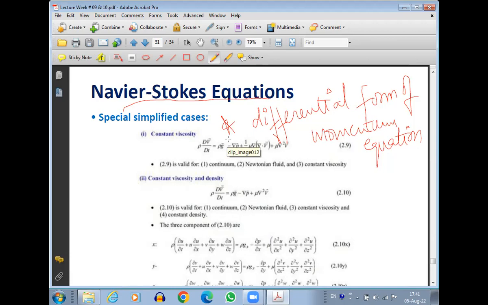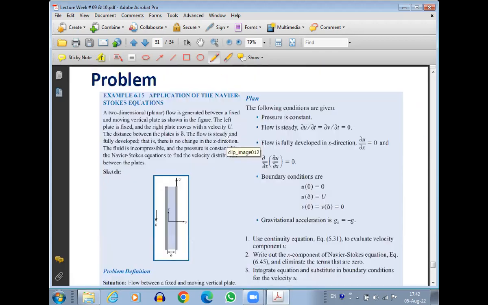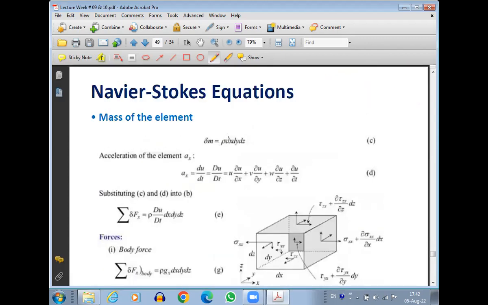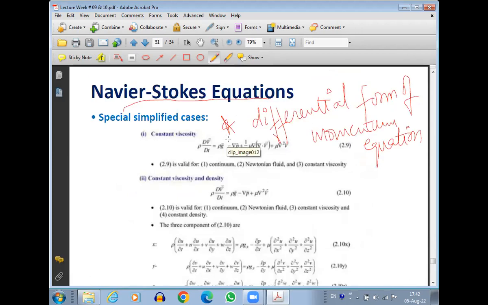The answer is: the differential form of the momentum equation for fluid flows. As simple as that. I'm not going to ask you the derivation or any problems associated with it, but it is obviously a part of this course, so being enthusiastic, you should go through it.